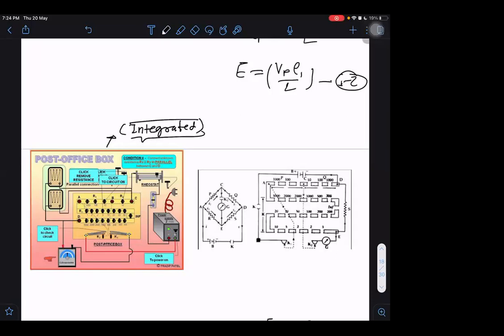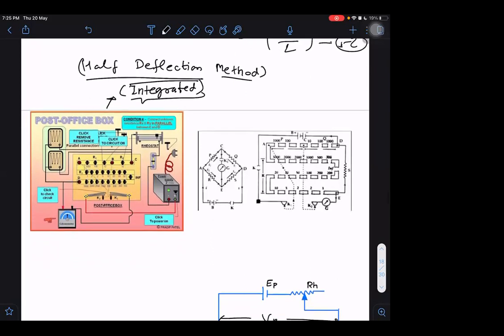It is not given anywhere else except in integrated. Anyone who has it could post it together with the half deflection method. If somebody is having that, you can post it in the WhatsApp group, because it is really nicely explained there. I will explain it from there. The diagram I can explain today itself here, but the further explanation I can do better from that book.